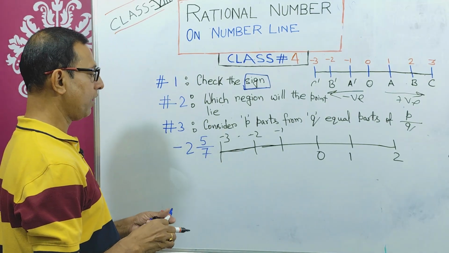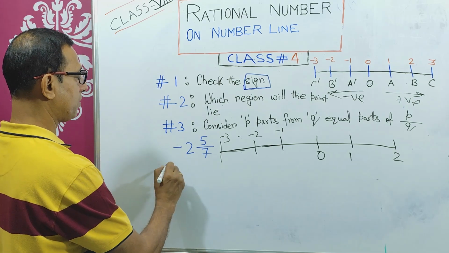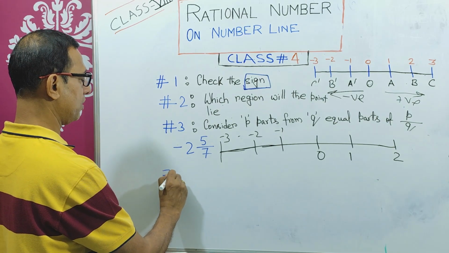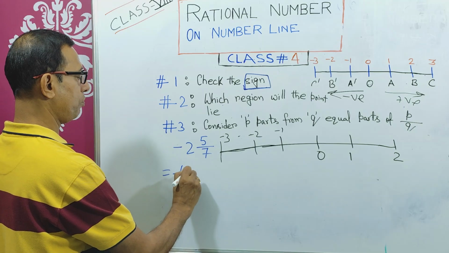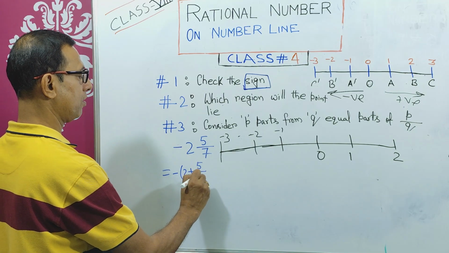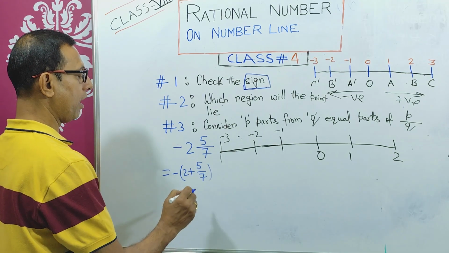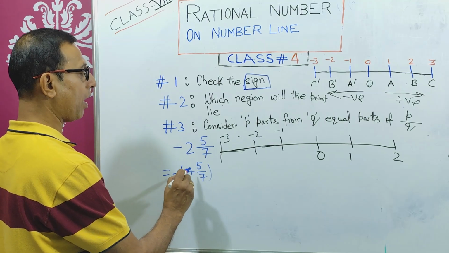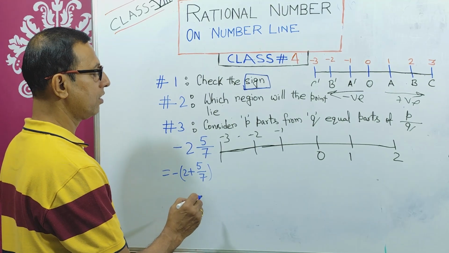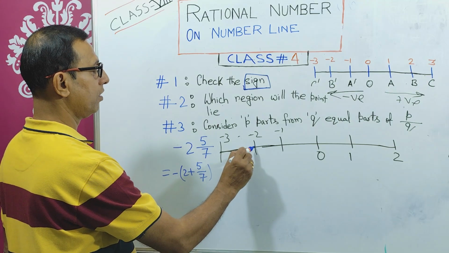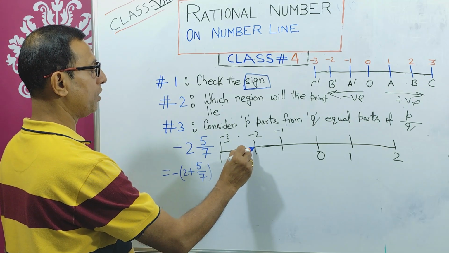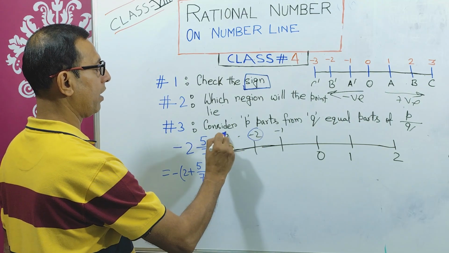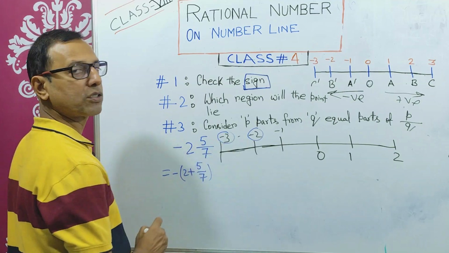So where will the point lie? Minus 2 5 by 7. Minus 2 5 by 7 means minus 2 plus 5 by 7. So it will lie between minus 2 and minus 3.